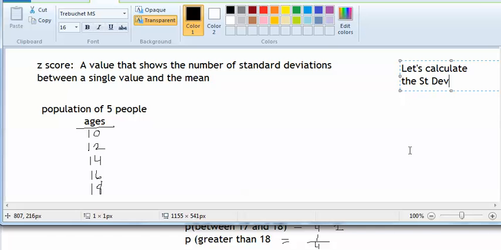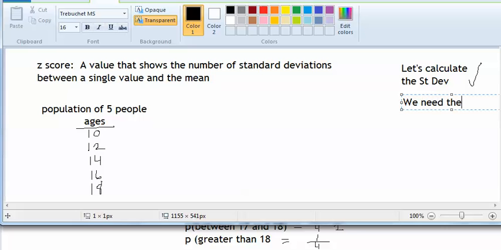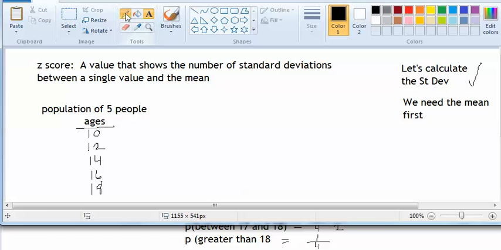So let's calculate the standard deviation. We need the mean first. 10 plus 12 plus 14 plus 16 plus 18 over 5.